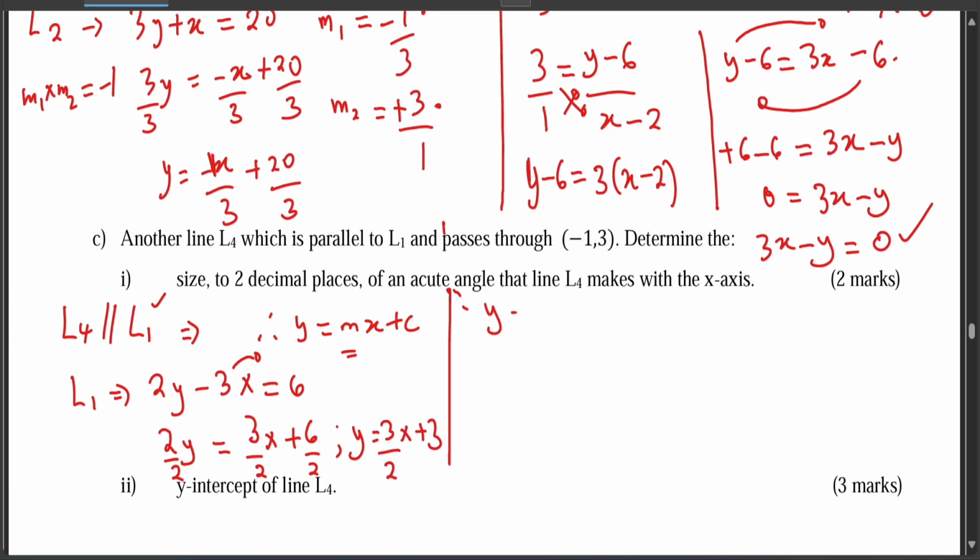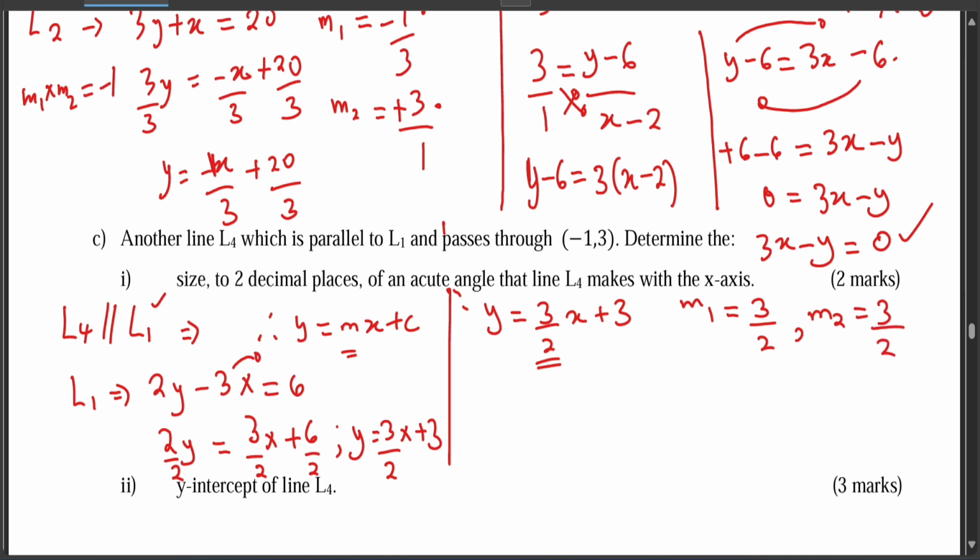So wacha niandike tu hapo, y equal to 3 over 2 x plus 3. So gradient yako L1 ni 3 over 2. Now gradients for parallel lines are equal. So L1 kama gradient yake ni 3 over 2, L4 gradient yake pia ni 3 over 2.